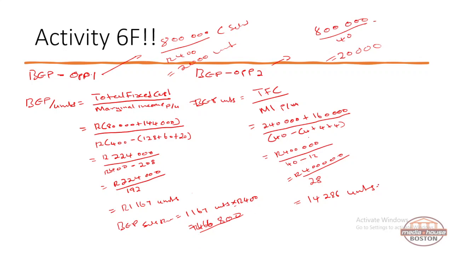us to break even. Then you do the same for this side to say that BEP in sales, it's going to be 14,286 units multiplied by our selling price of 40 rand.